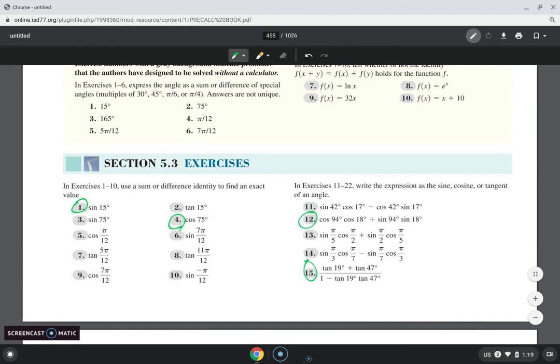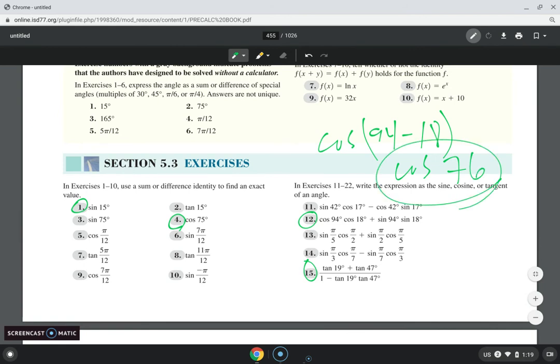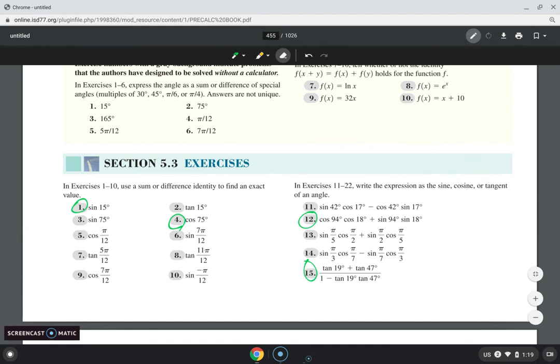We were plus, so we're going to be minus. So we're going to go cosine 94 minus 18. 94 minus 18 is 76. So that would simplify down to the cosine of 76. All right. So just kind of working backwards from what we were doing before, and you can leave them like that.